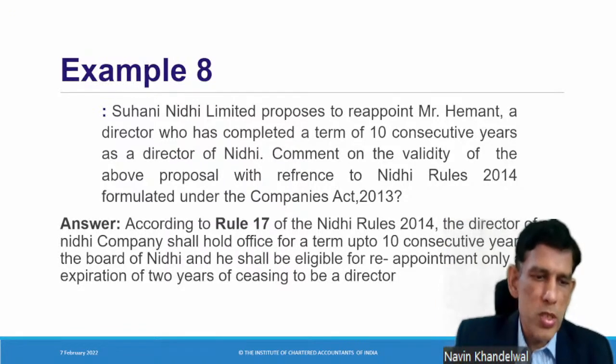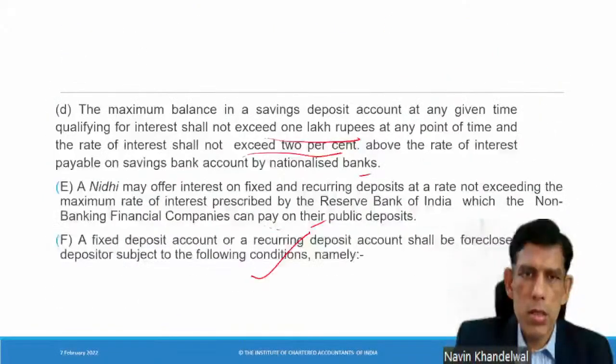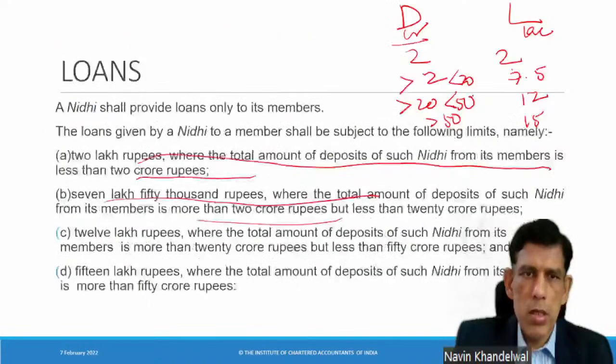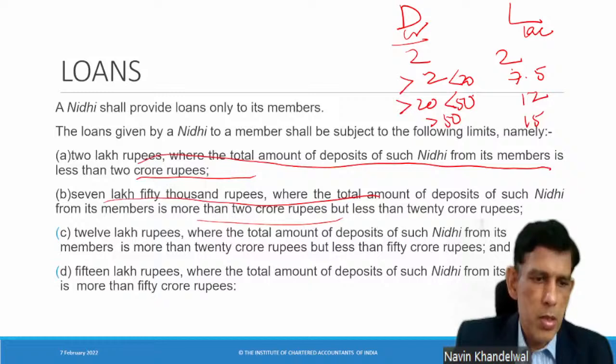In Rule 15, loans where deposits equal 20 crores, will they be covered under B or C?